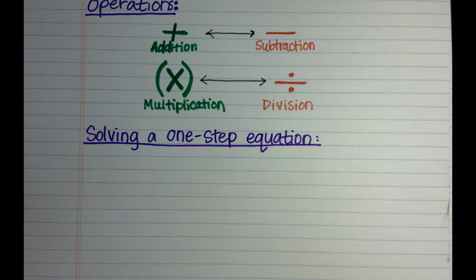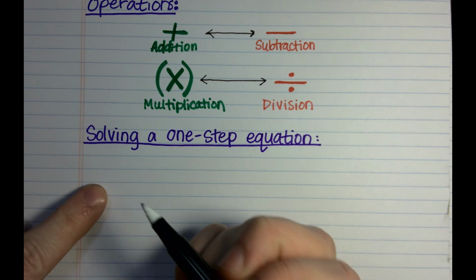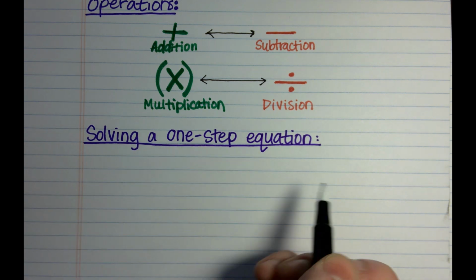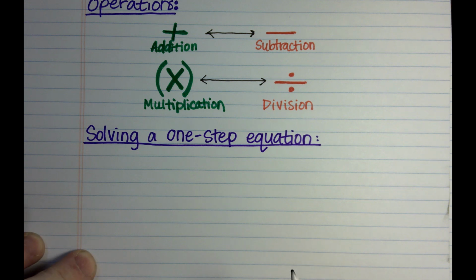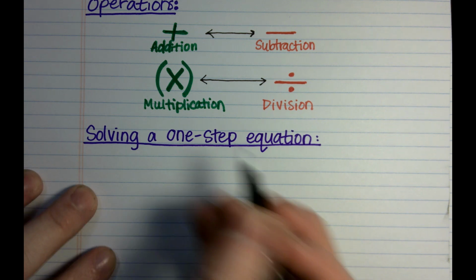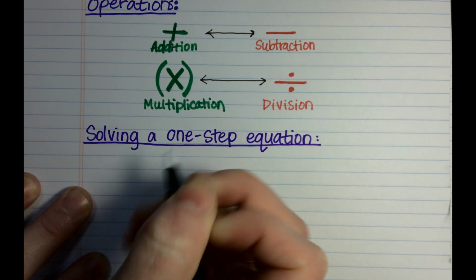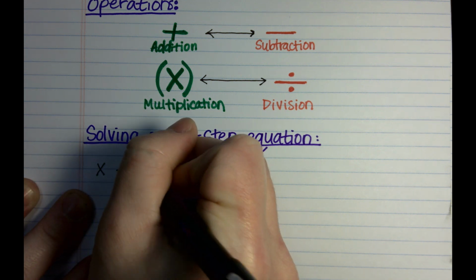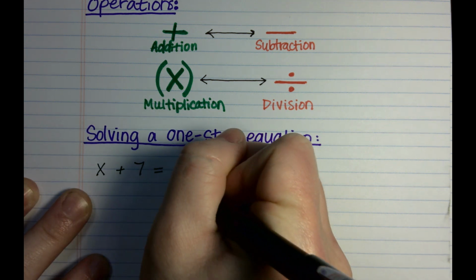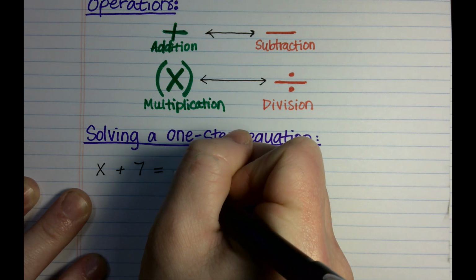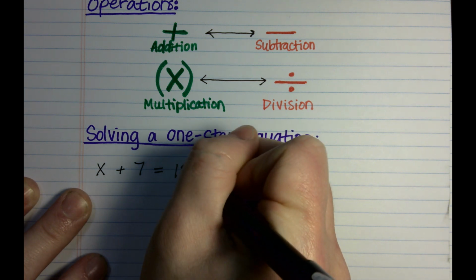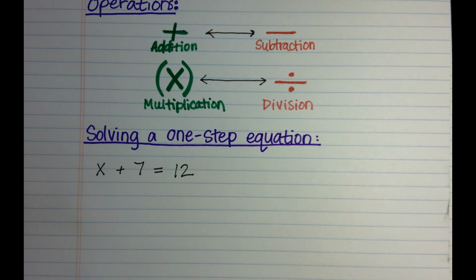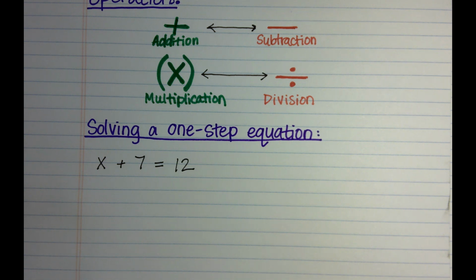I'm going to give an example to help us with kind of writing a guide out that we can reference if we ever forget what to do. Let's write x plus 7 equals 12. So we're going to write our little step-by-step guide.